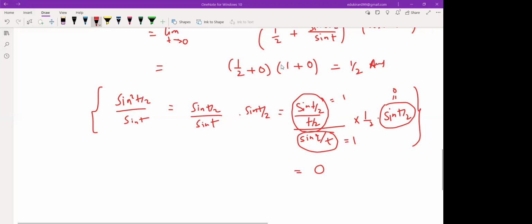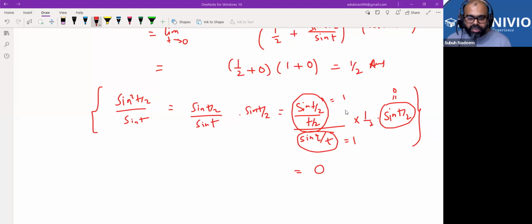Okay. Sir, could you just repeat again? Yeah, this is actually sine squared t by 2 by sine t. So what we do, we write sine t by 2 into sine t by 2. And then we divide by t here also and t here also. We divide by 2 here and we multiply by 1 by 2 here. And this sine t by 2 is there.